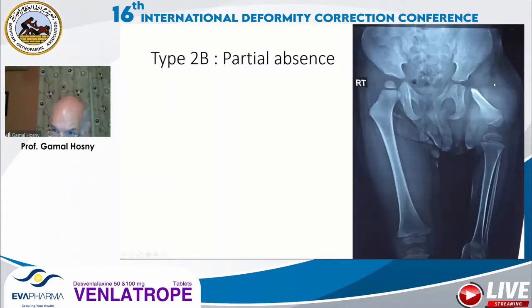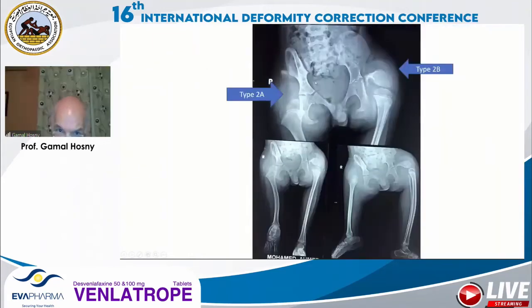This is the partial absence. There is no proximal tibia. And this is an example of a bilateral case. This is type 2A, complete absence. Type 2B, absence of the proximal tibia, as you see here.